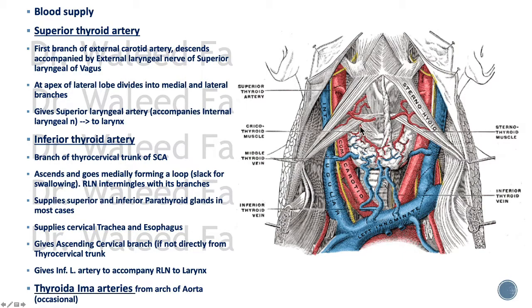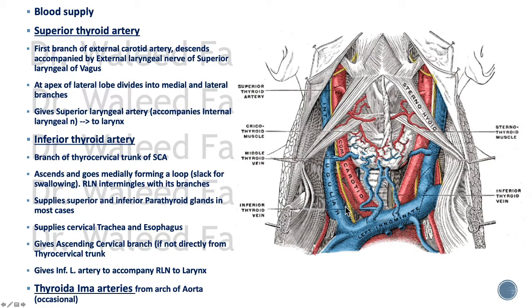So when you devascularize the thyroid gland, don't try to ligate the superior thyroid away from the gland. There is a very good chance, if it's not certain, that you ligate the external laryngeal nerve with it. So you will affect the cricothyroid muscle. But ligate the superior thyroid as close to the gland as possible, where the external laryngeal leaves the superior thyroid.